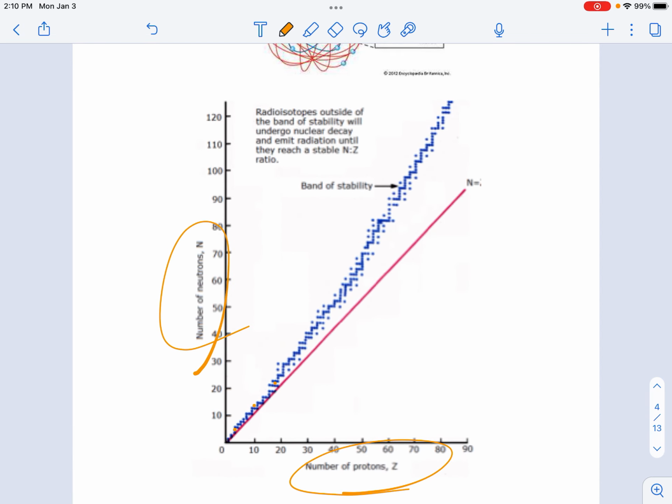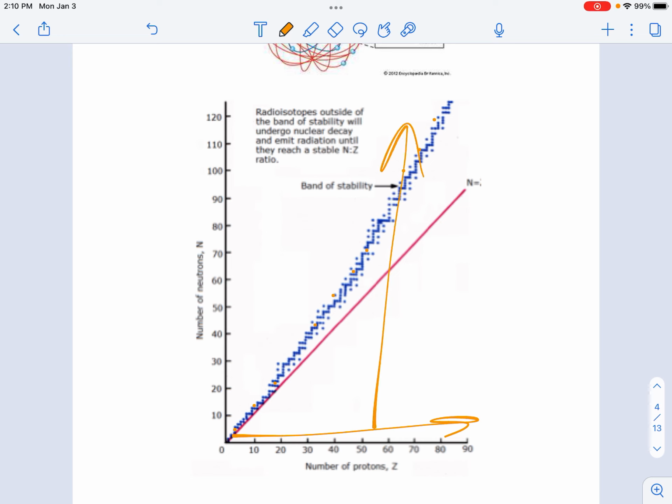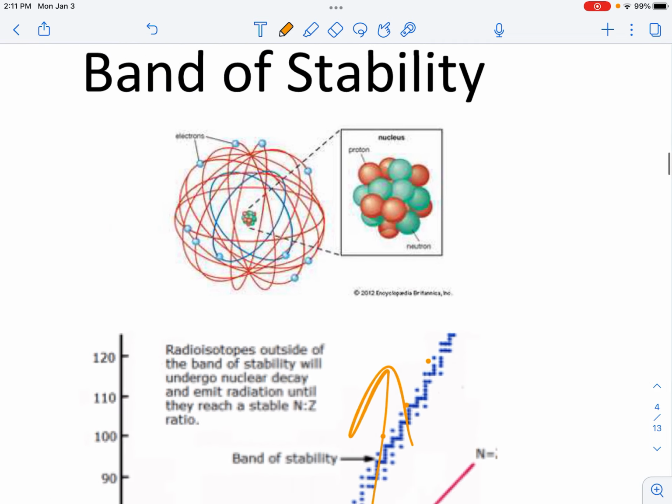And these blue dots here represent all of the stable isotopes of the elements that exist. Please recognize that as you get more and more protons, or as you go further this way on the graph, the blue line of stability here curves upwards, which means you need more and more neutrons to counteract the repulsive effects of those positive protons as you jam more and more of them into the nucleus.